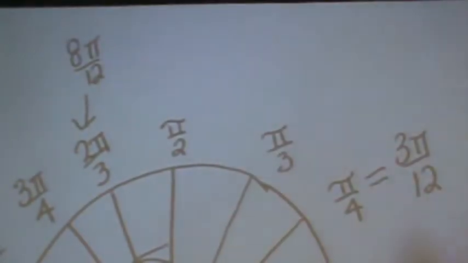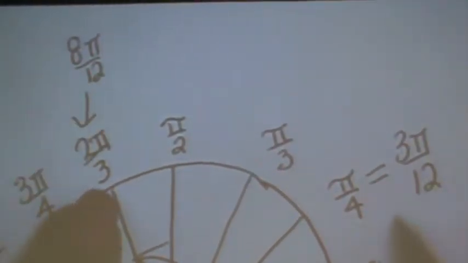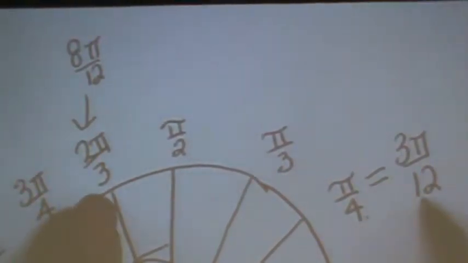That's what's going to give you pi over 12. And what we did, you have to convert this now. This was converted to 8 pi over 12, and this is converted to 3 pi over 12. Okay, so if you added these two angles, that's how you get your 11 pi over 12.